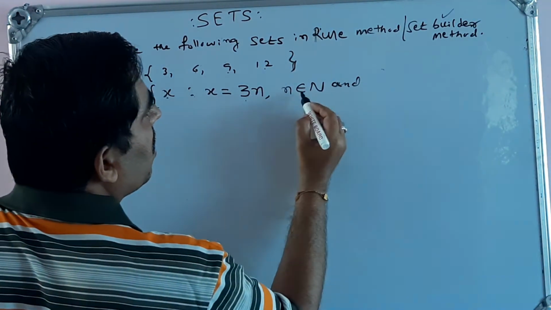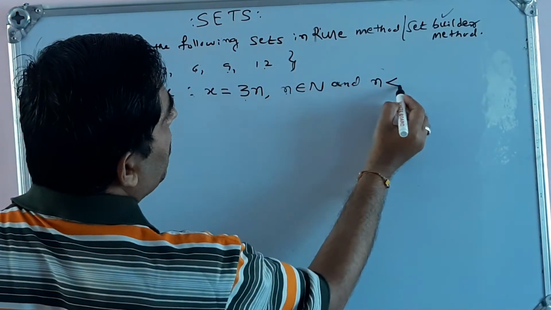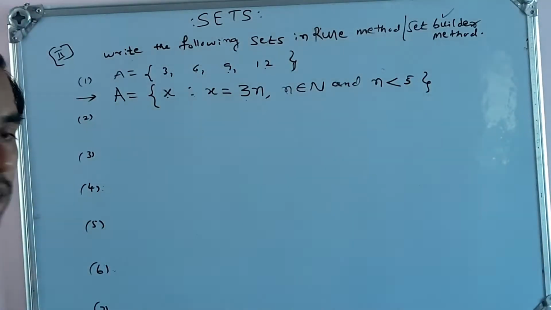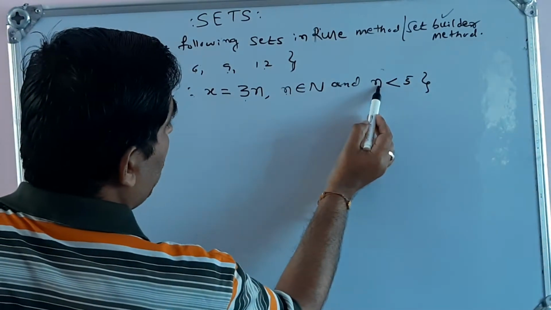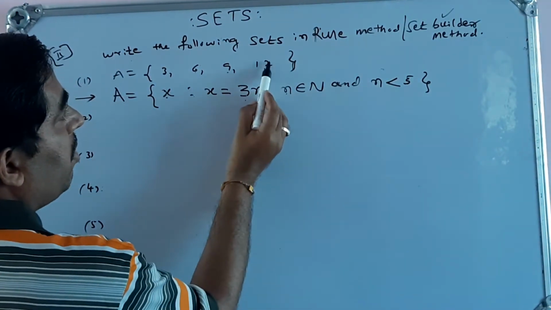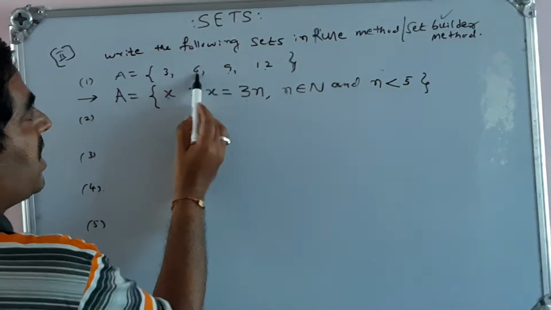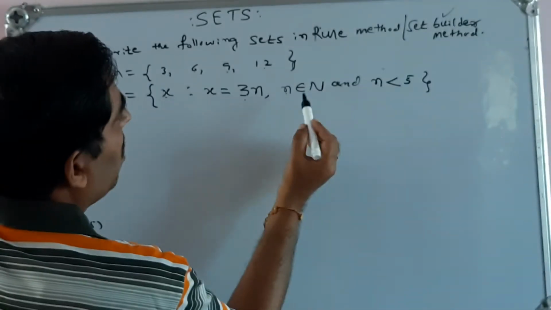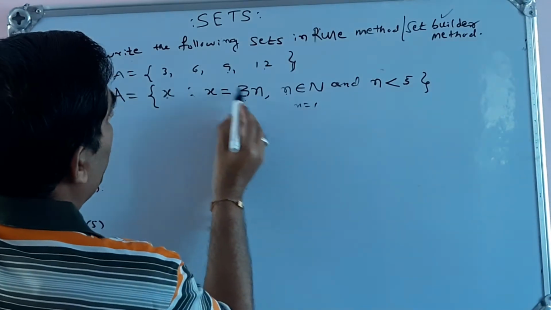That means this n is less than 5. I hope you can understand this. n cannot take 5 here, because 3 into 5 will be 15, so 15 is not taken here. 12 is the last element. If I put n is equal to 1, I will get 3.